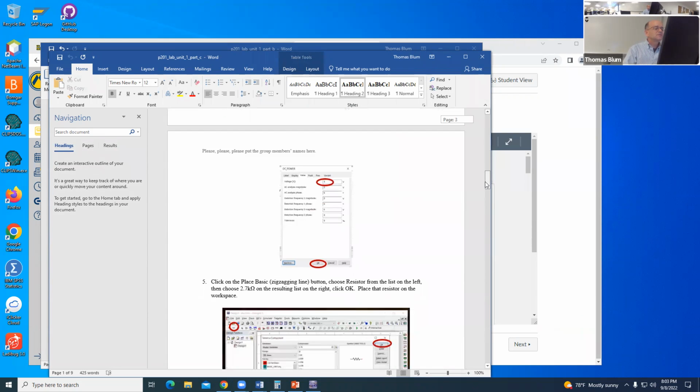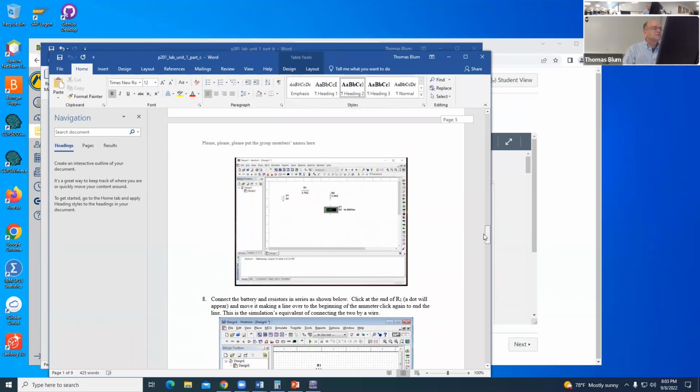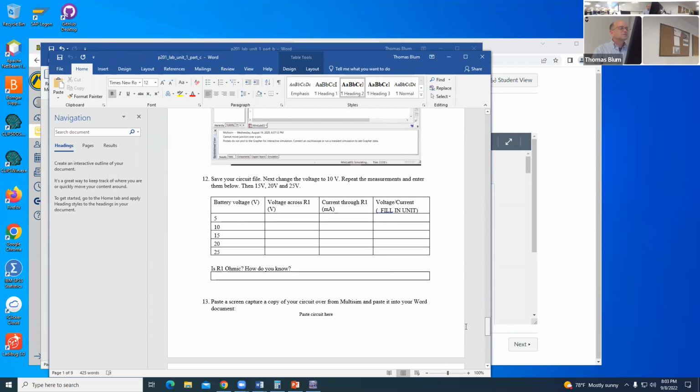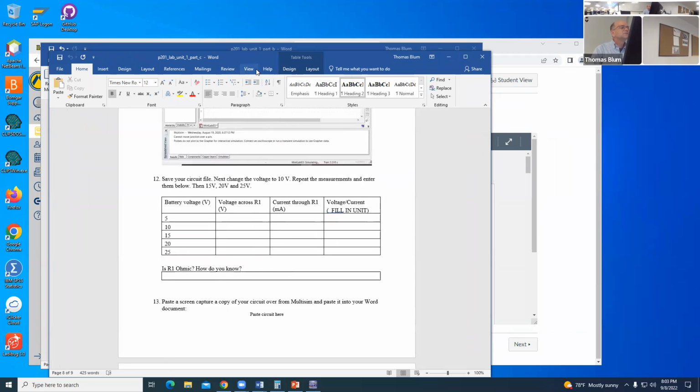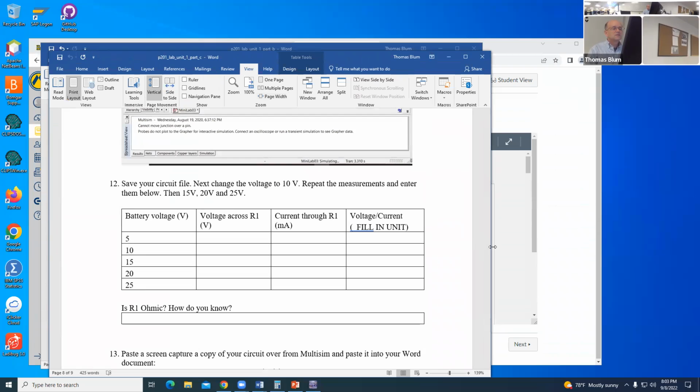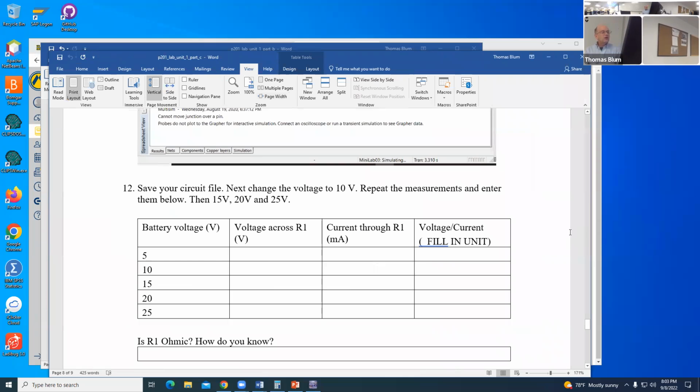I figured out the voltage across R1 and the current through R1, because your meters give that information when you change your voltage. But the voltage over current unit is the thing I'm not really sure about. So give me the first number anyway.